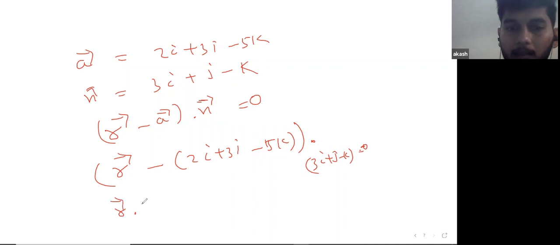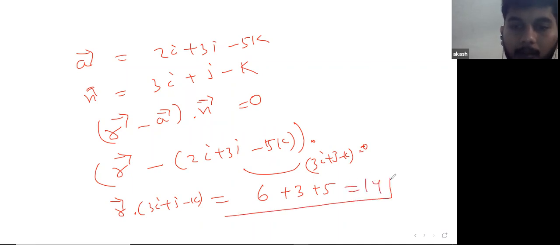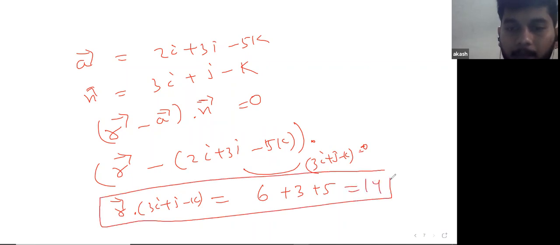So r dot (3i plus j minus k) equals the dot product of these two, so 6 plus 3 plus 5. So this will be your answer in this form.